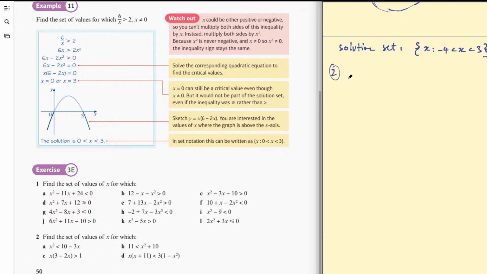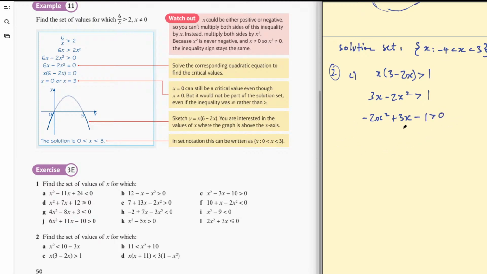Let's do C here. So we've got x multiplied by 3, take 2x greater than 1. And basically just simplify until you have a quadratic on the left and 0 on the right hand side. So this would be 3x take 2x squared greater than 1, expanding those brackets out. And then -2x squared plus 3x take 1 greater than 0.